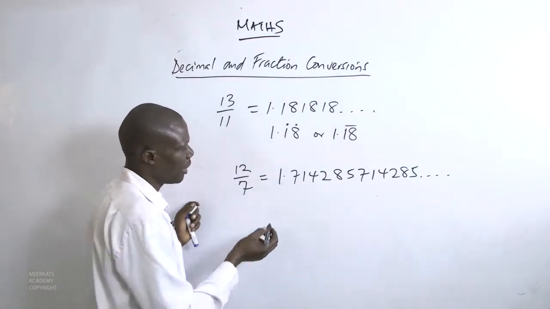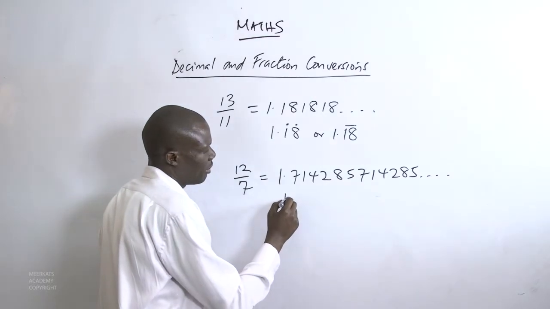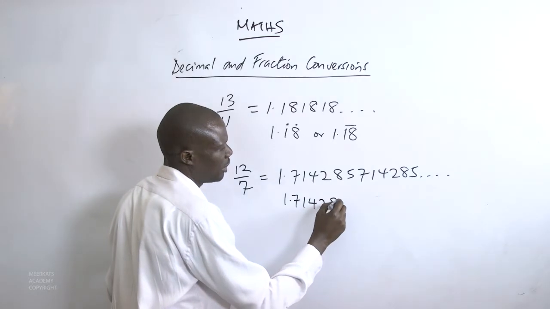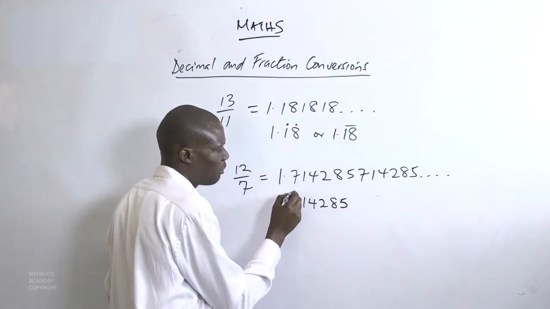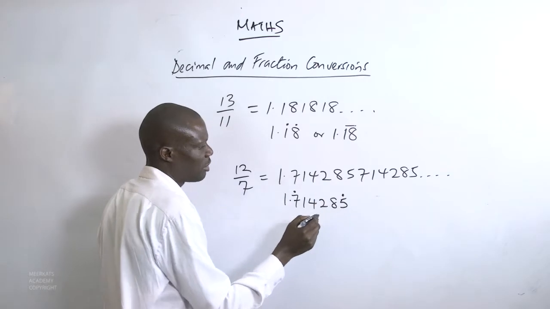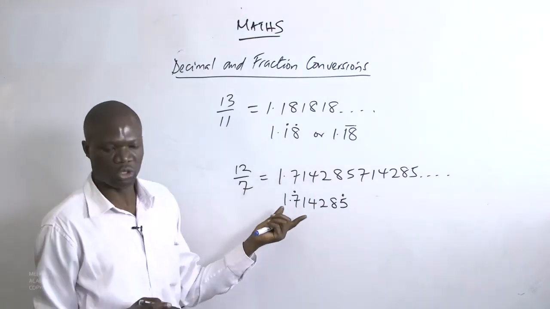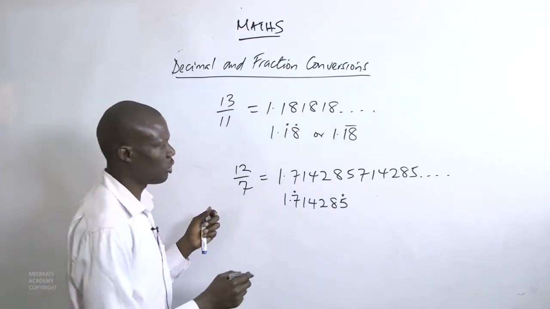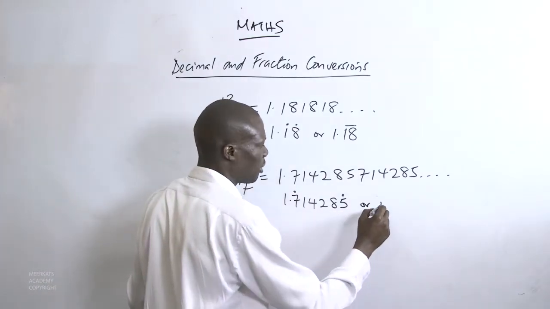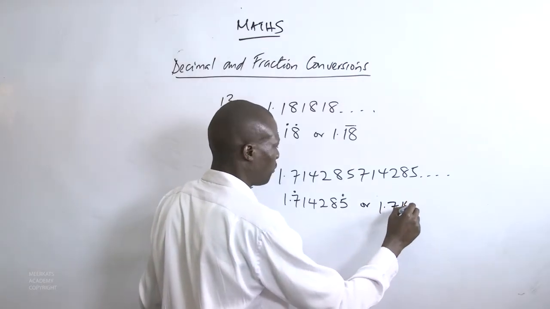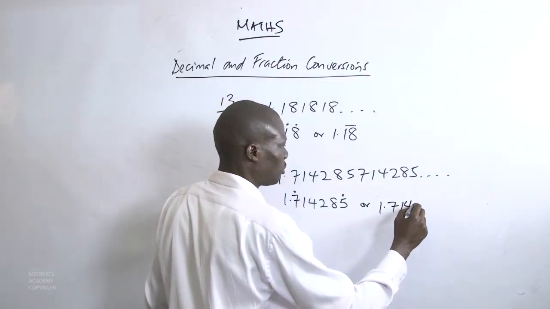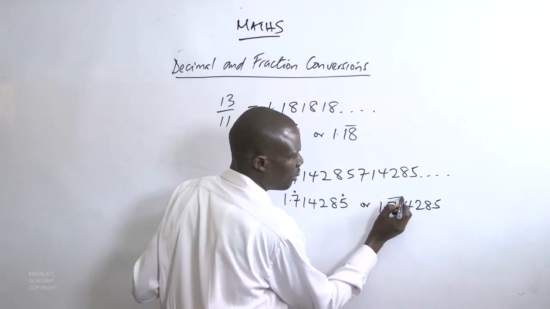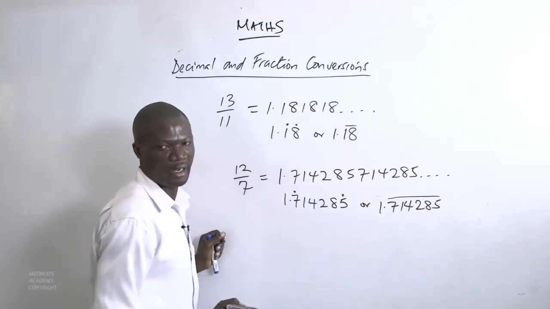So for this case, you'll indicate it very easily. If you want to indicate the recurring, you'll say it is 1.714285, and then from the first digit to the last digit of the pattern that is recurring, you put a dot. If you don't want to use this one, you can simply say it is 1.714285, and then from the first decimal to the last one, you put a line.